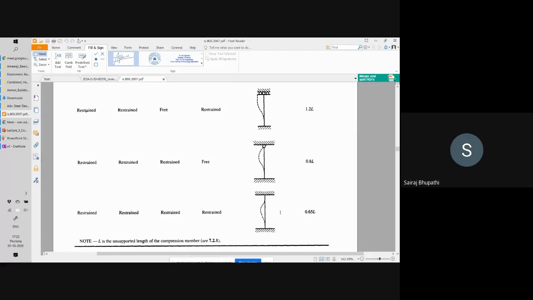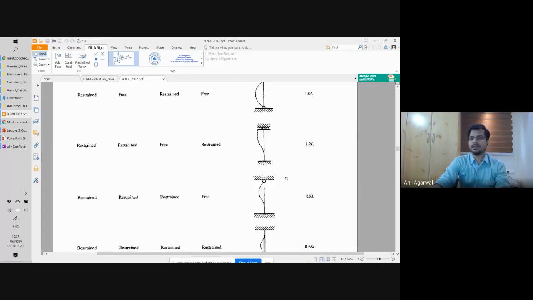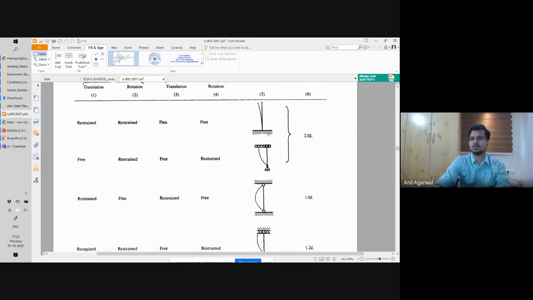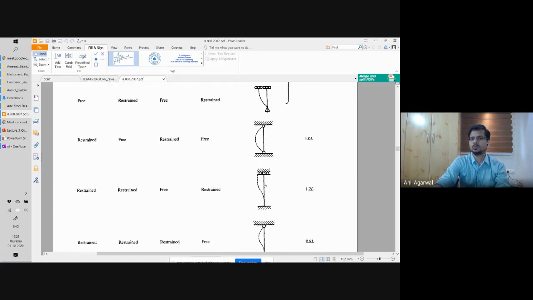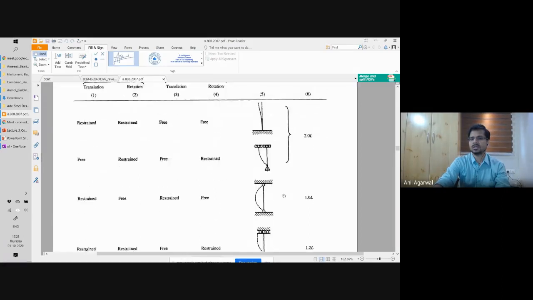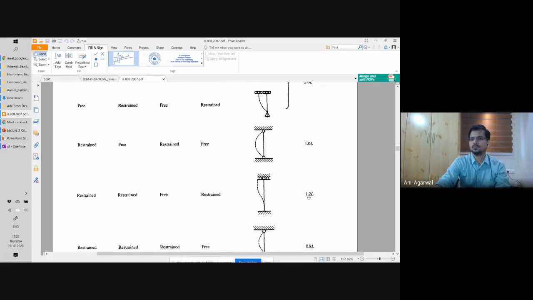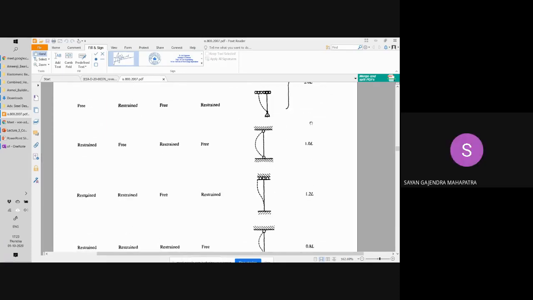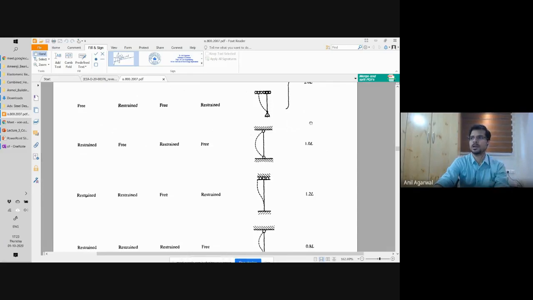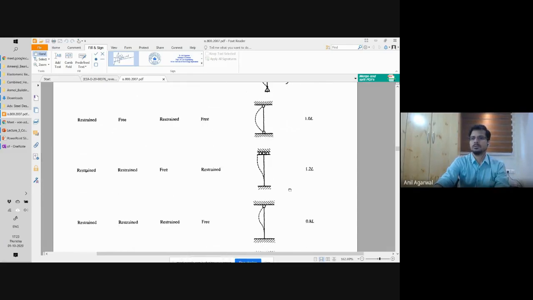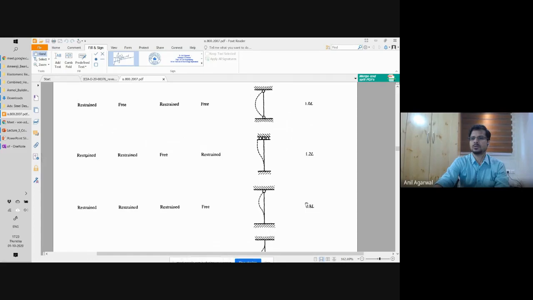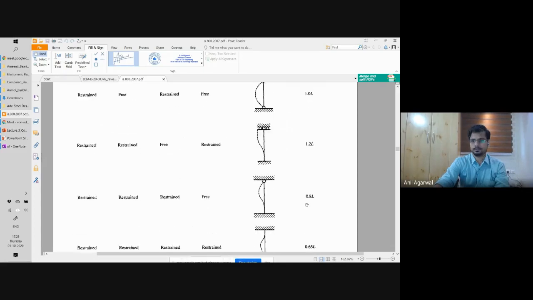Both of these braced. Braced, yes. So now if you look at the values for sway frames, you remember 1, 2 and 4 were sway frames. What were their corresponding K values? 2 and 1.2. Both of them are bigger than 1. For all the braced frames, your K values were 1 or less than 1.